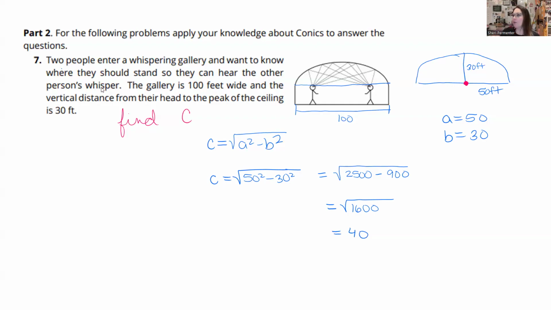It doesn't say how far from the center or how far from the wall. So if that is your center, they need to stand right there and right there. So not quite to the wall. There's two ways we can describe this answer. They can either be 10 feet from the wall or 40 feet from the center.